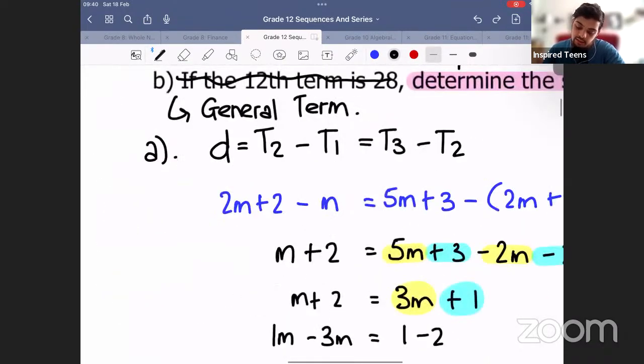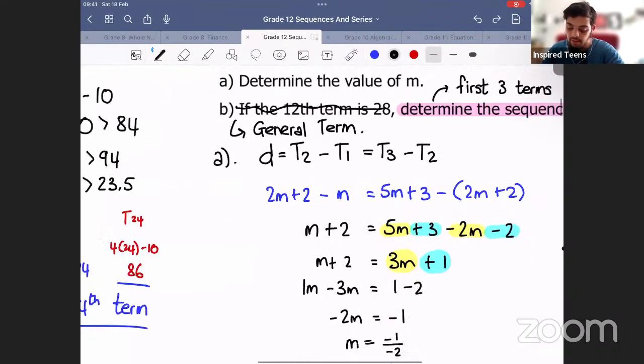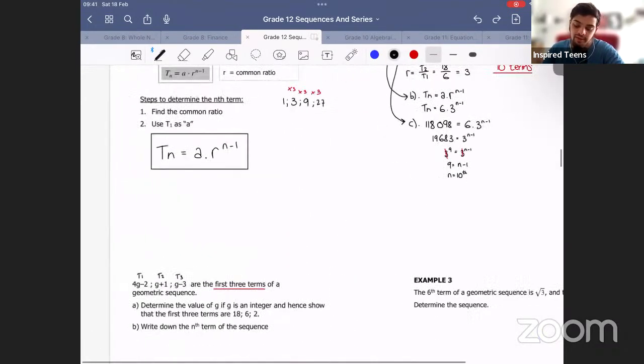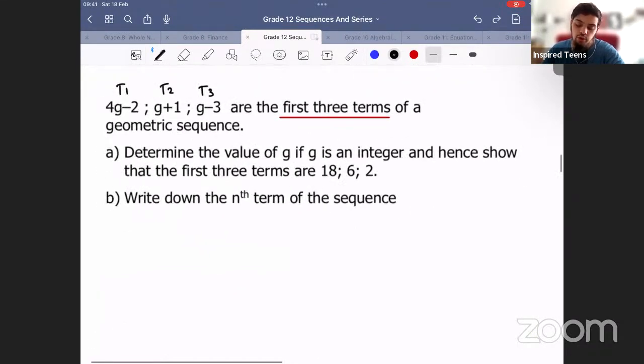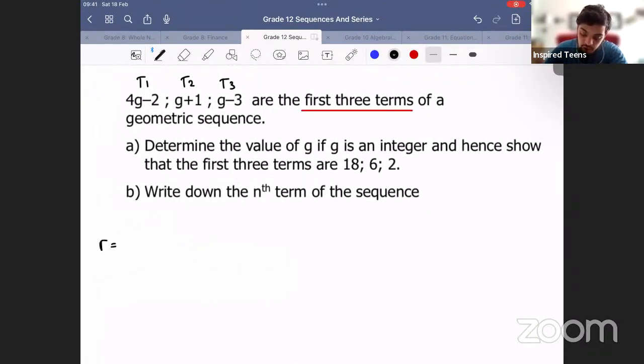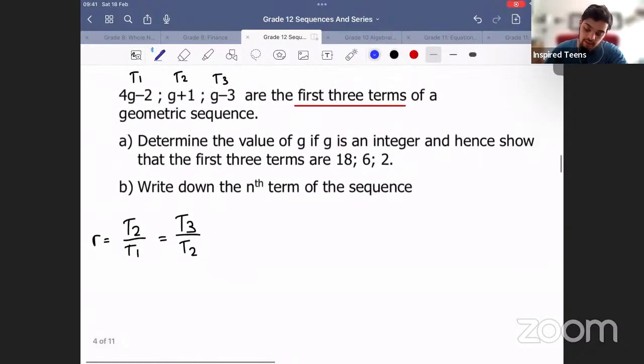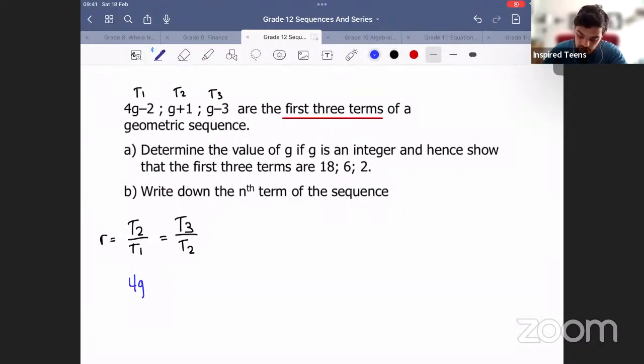So in this case, T2 minus T1 is equal to T3 minus T2. However, in this case, we don't have a difference, we have a common ratio. So we're going to utilize that. Remember that the common ratio is equal to T2 over T1, and it's also equal to T3 over T2, and that's exactly what we are going to use here. So let's do that. Remember, our T1 is 4g minus 2. Our T2 is, no, I did that wrong.